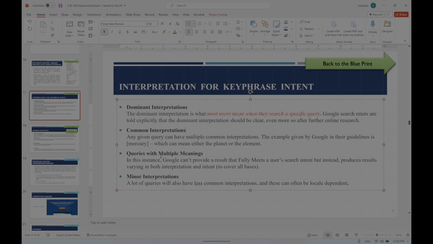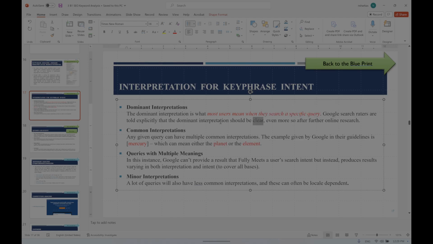How about common interpretations? Common queries can have multiple common interpretations. The example given by Google in their guidelines is mercury. It could mean the planet, but sometimes it could also mean the element, and these would be two main common interpretations. If most people do not only search for it as an element, but some people search for it as an element and some as a planet, then it's not clear.